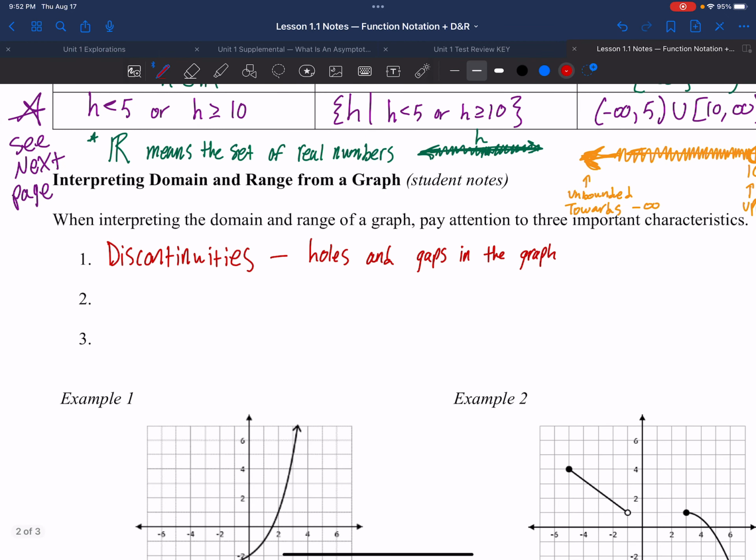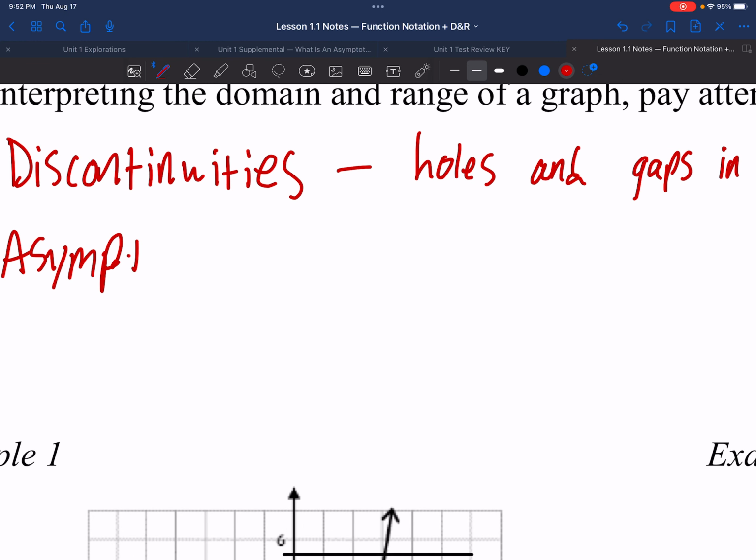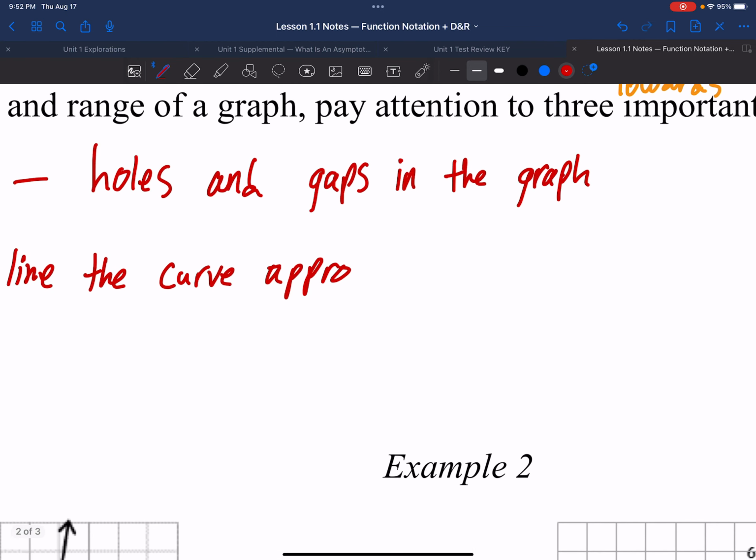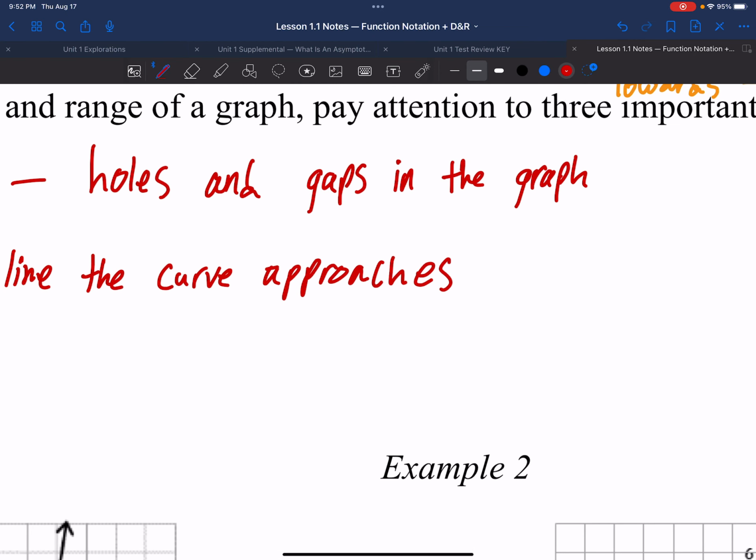Okay, the next piece is asymptotes. Okay, what's an asymptote? A line the curve approaches.